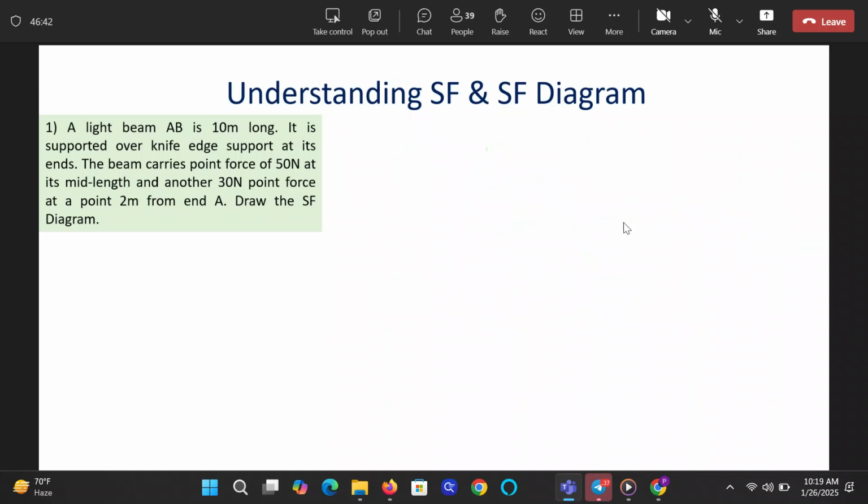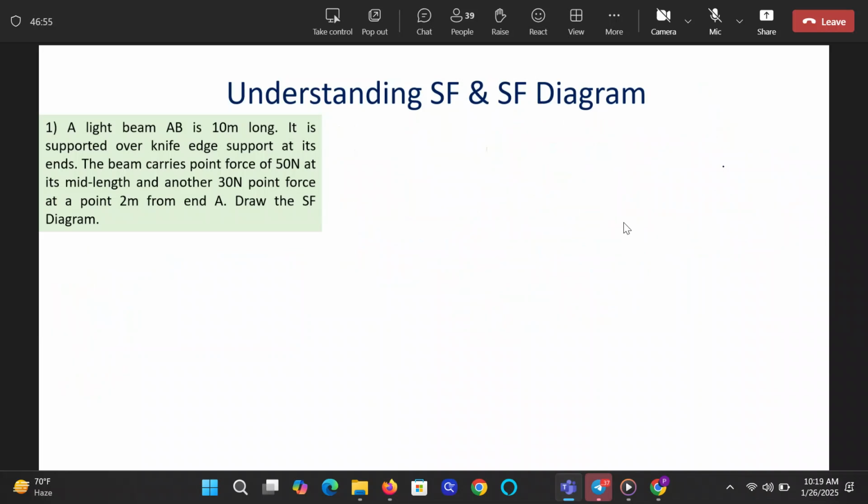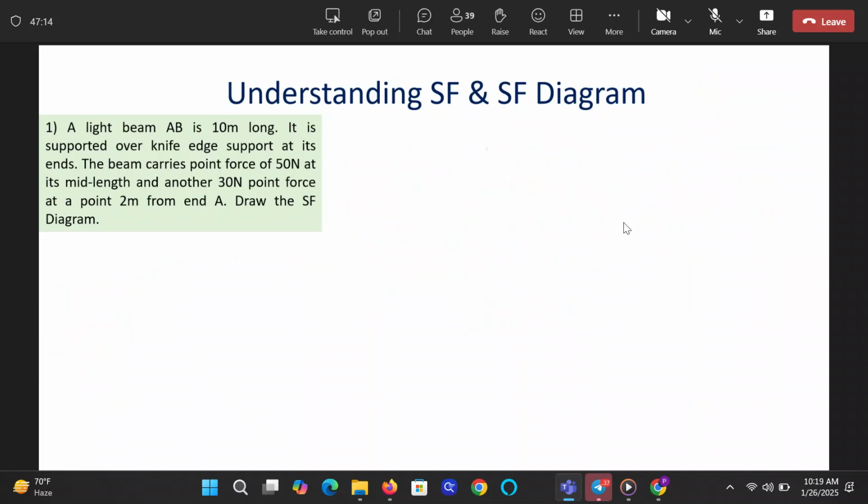Let me see what is on the left. Okay. Now, I'll draw this diagram with reactions marked on the next page, and then we'll see what we mean by shearing force. It's the same question which we have just discussed. Only thing is, now I'll not explain how the diagram is made and how reactions are calculated. That we have already done on the previous slide, and now I'm carrying forward this diagram here.